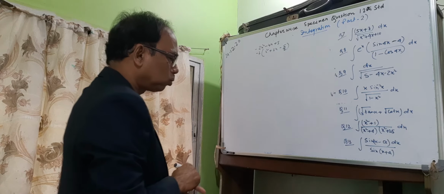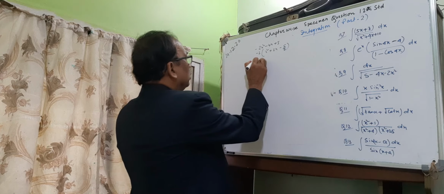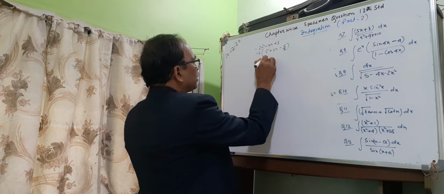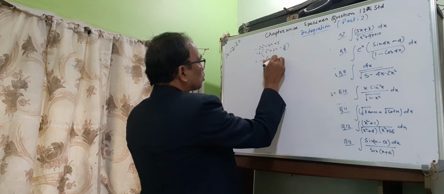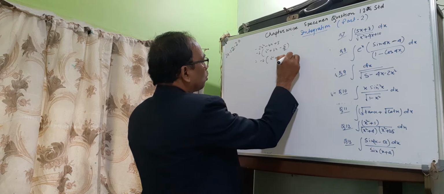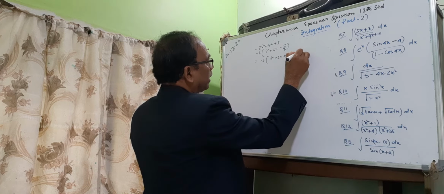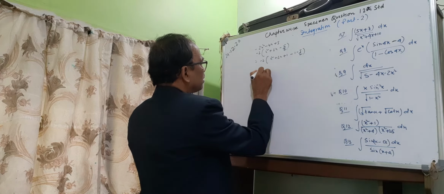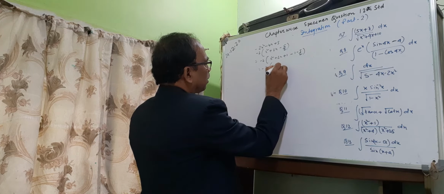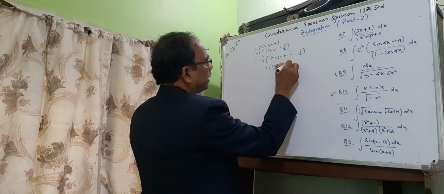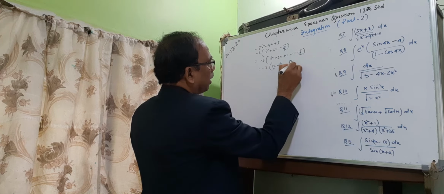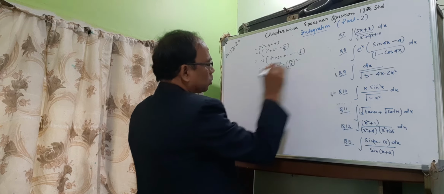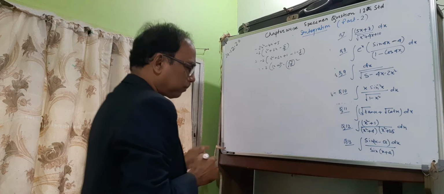That equals minus 2 times x square plus 2x plus 1 minus 1 minus 5 by 2, that is minus 2 times (x plus 1) whole square minus root over of 7 by 2 whole square. We can write root over of 7 by 2 whole square.